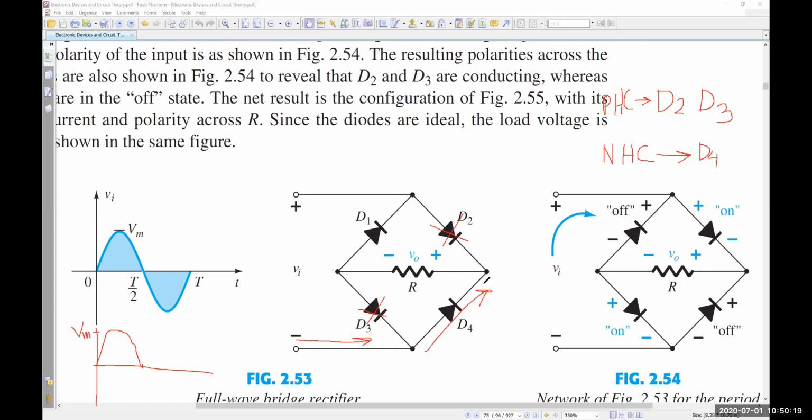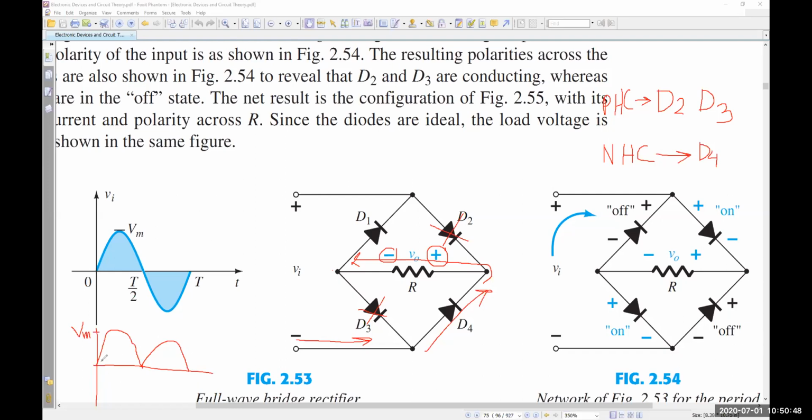So the current has to go in this way, right? Again, look at the direction of the current. Current is entering the plus first. Current is leaving the minus, right? So this is plus, this is minus. In both cases, in positive half cycle and negative half cycle, the direction didn't change. That's why our output will be in the same direction.